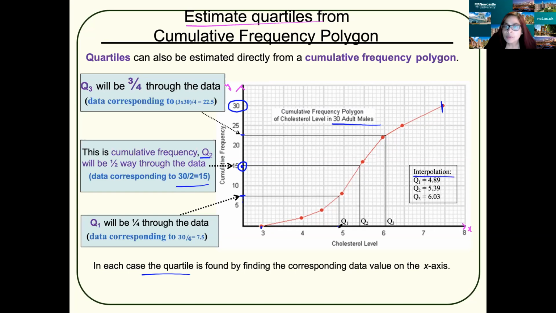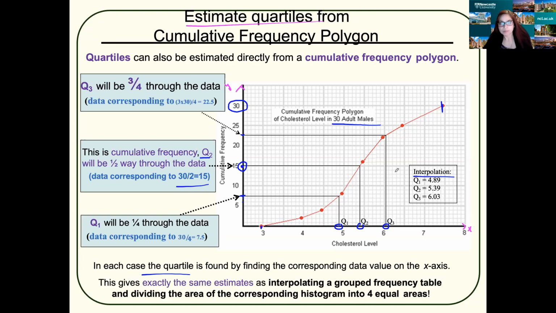This is almost 4.89 or 85. This is just an estimation. So even in the exam, I will give you marks for that because it is an estimation, but it should be accurate, not exactly though. Then you have Q2, then you have Q3, plus or minus the actual value, because it's an estimation.